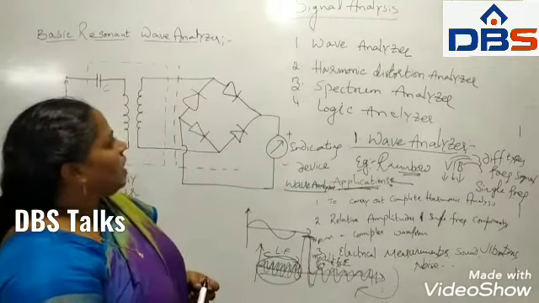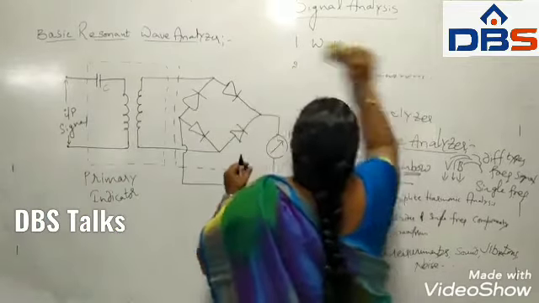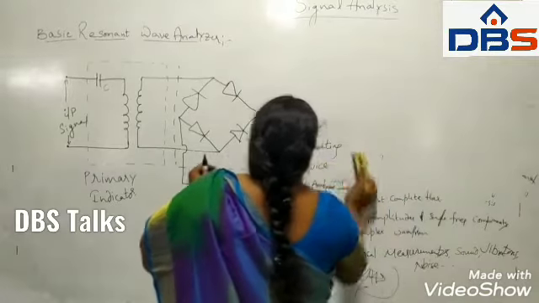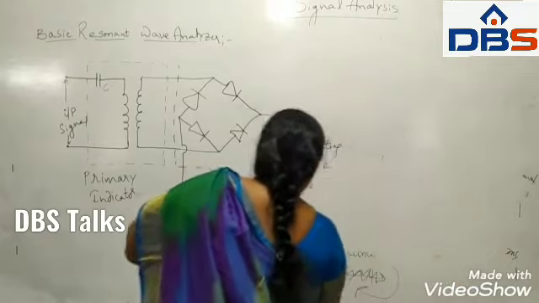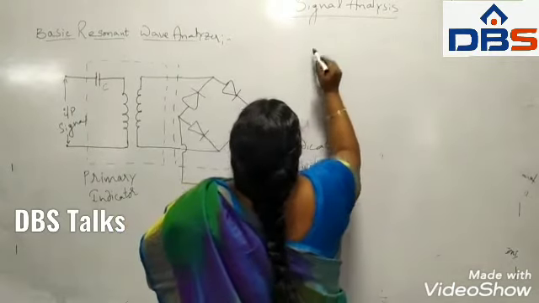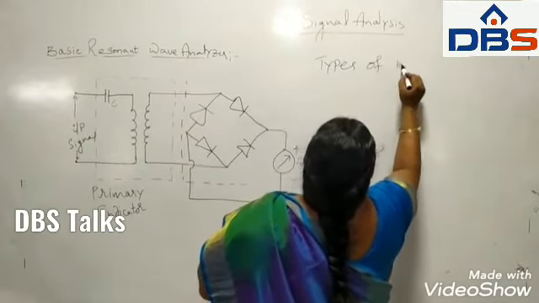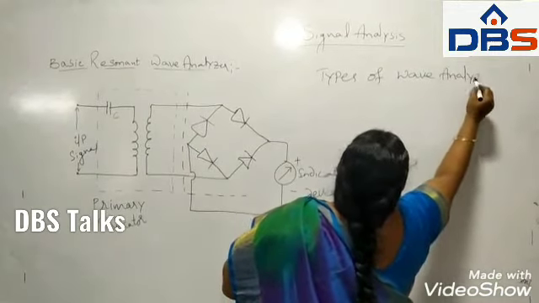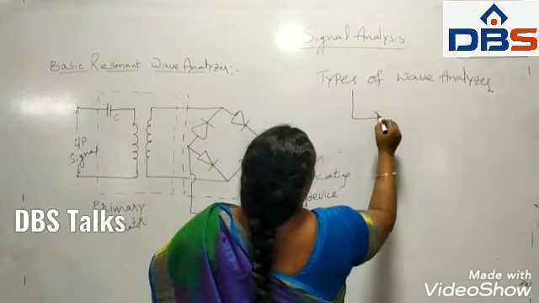Next, what are the types of wave analyzers? Basically there are two types.